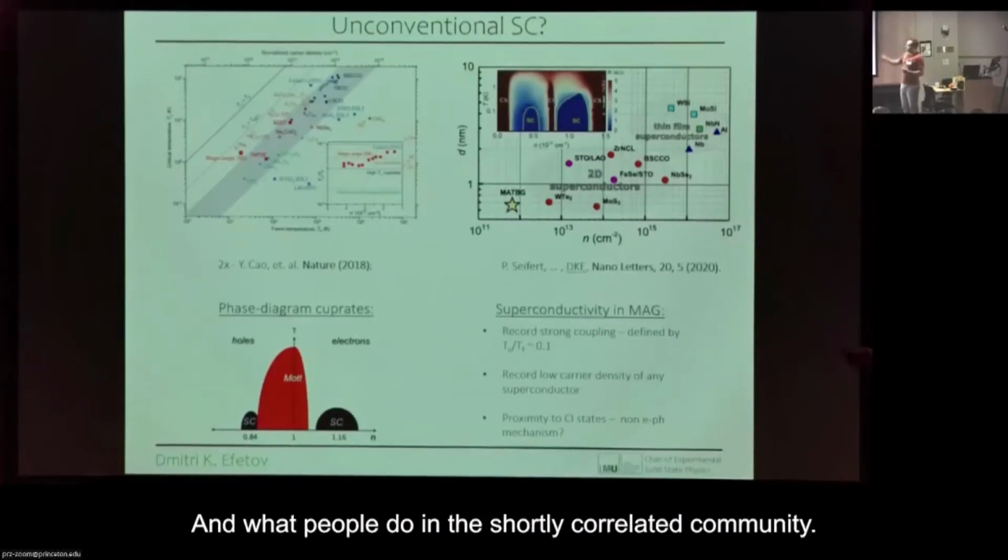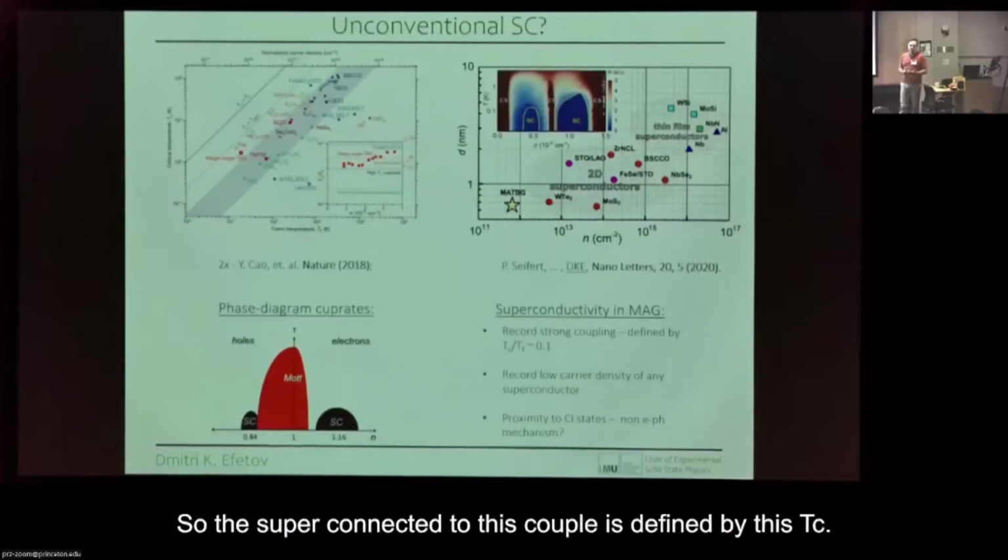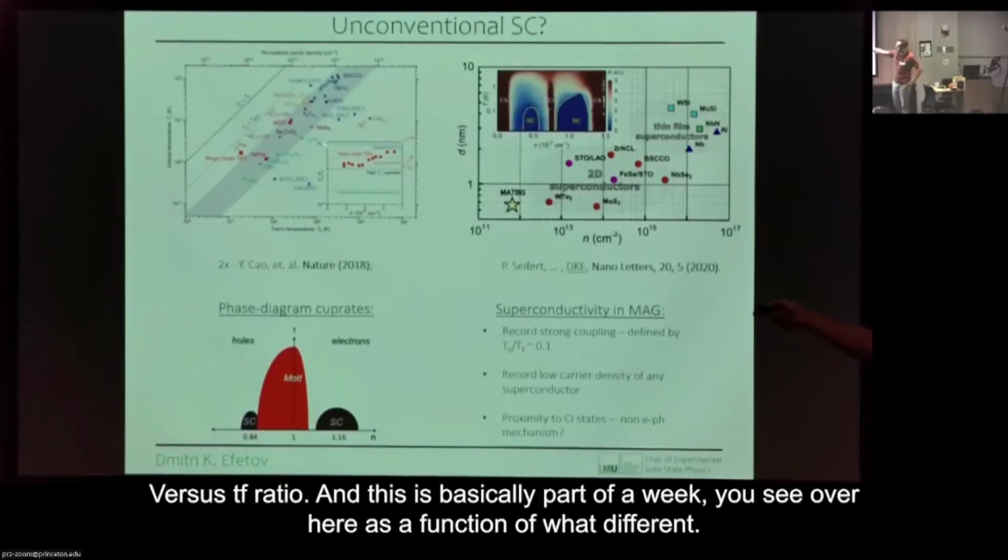What people in the strongly correlated community usually like to do is compare TC to TF. Usually one measure of how strongly coupled the superconductor is is defined by this TC versus TF ratio, and this is plotted over here in this inset.